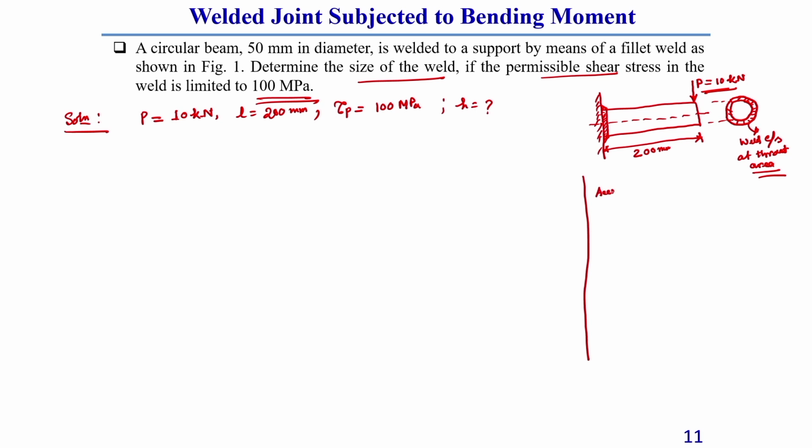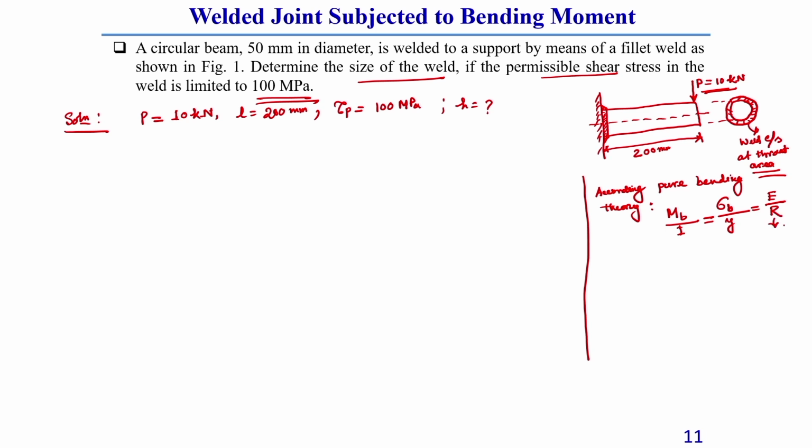According to pure bending theory, what we know is that bending moment divided by I is equal to sigma B, bending stress, divided by Y, is equal to Young's modulus divided by R. R is the radius of curvature.